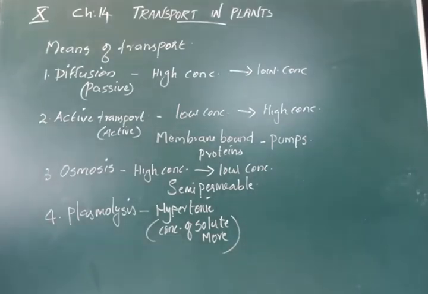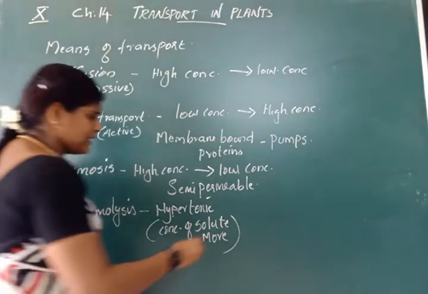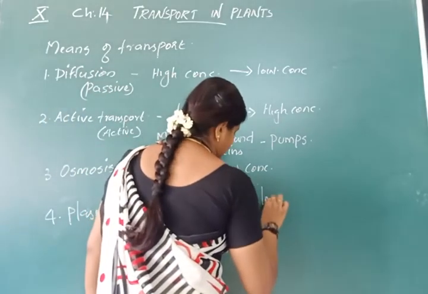So when we place a cell in a hypertonic solution, water molecules move out of the cell, resulting in the shrinkage of protoplasm away from the cell wall. Shrinkage of protoplasm away from the cell wall is called plasmolysis. Then imbibition.